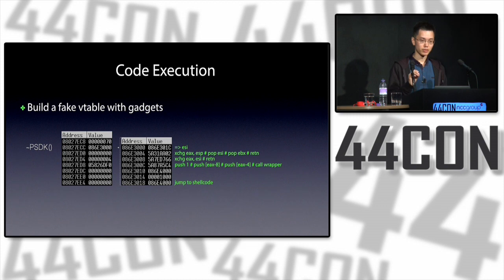But the searching pattern hasn't changed until Flash 22. The change for the search pattern is from EAX-8, EAX-4 to EAX-C and EAX-8. The reason for that is that Memory Protector, a new mitigation, was added into Flash this June for Flash 22.